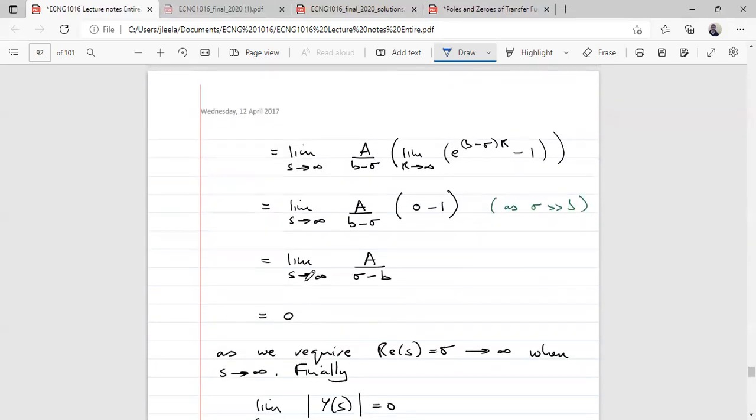And this here, as s approaches infinity, you remember s approaching infinity along the real axis. So real s approaches infinity. So in terms of what term here represents the real s, sigma here will be that number, right?